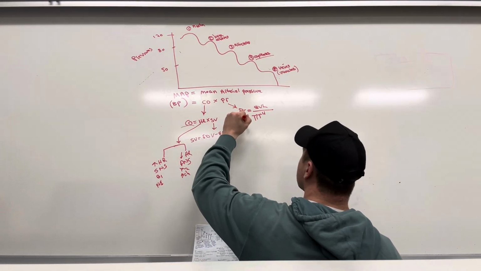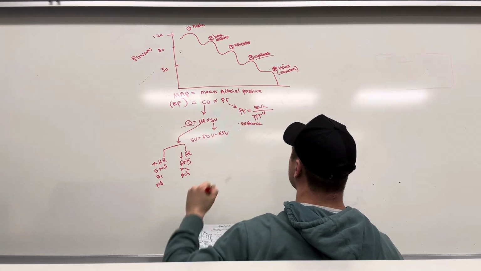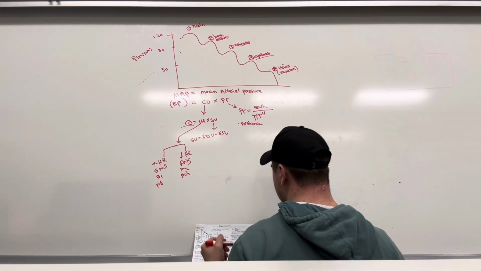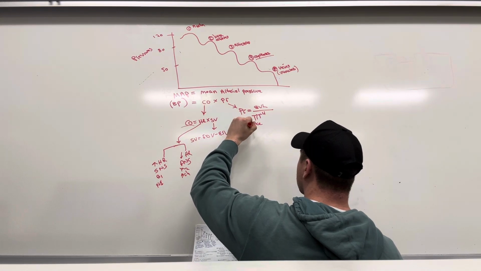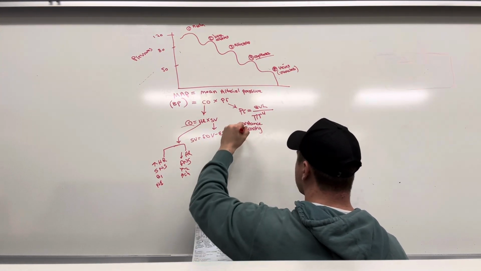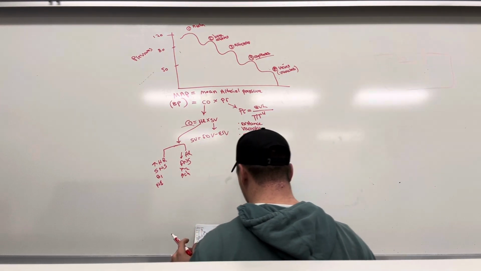We know a couple things. Distance affects resistance, viscosity of the volume. But the most important one is radius. And that's that distance that it's going.